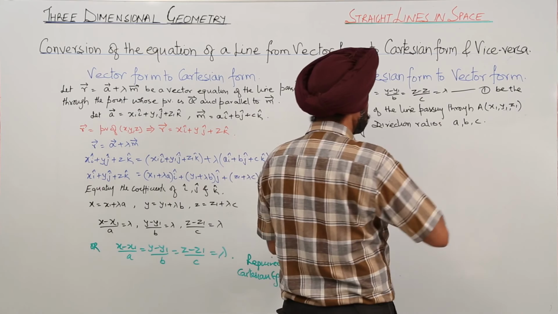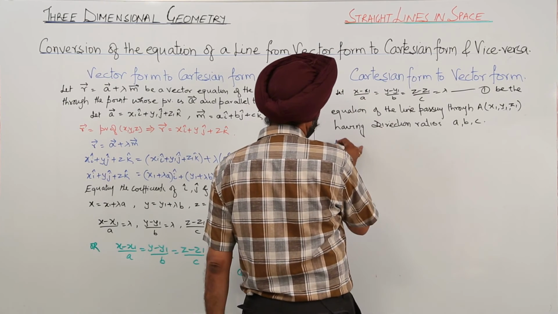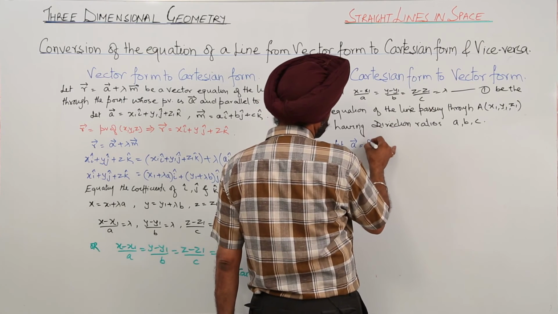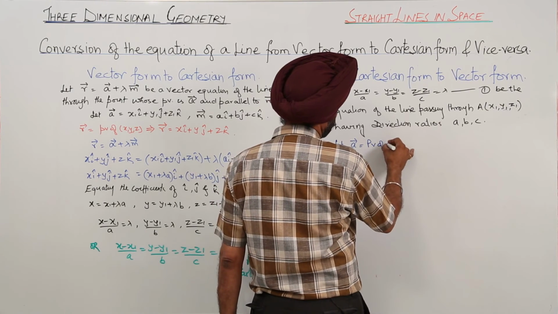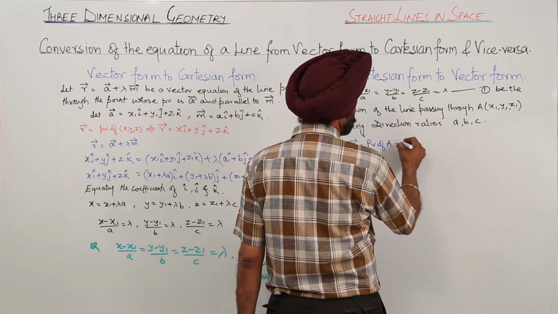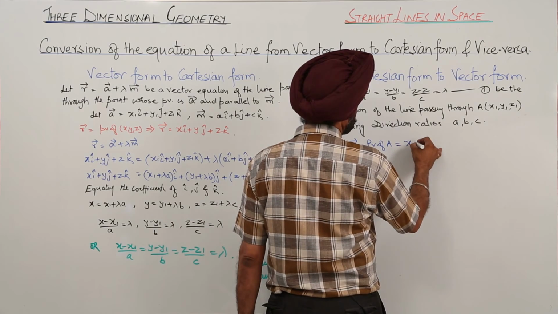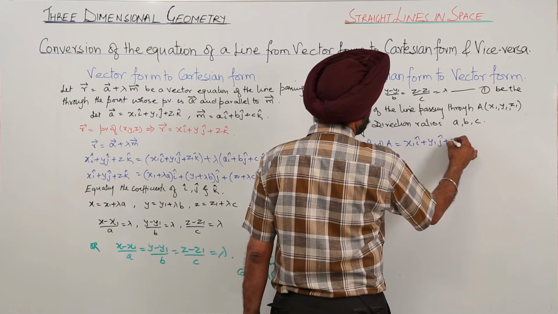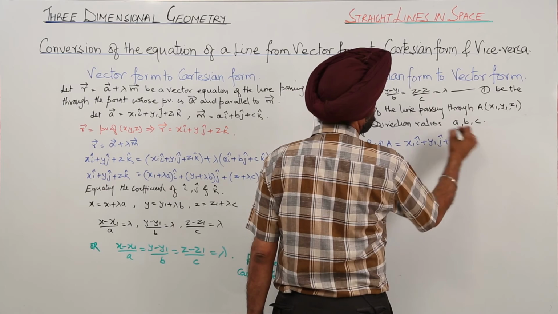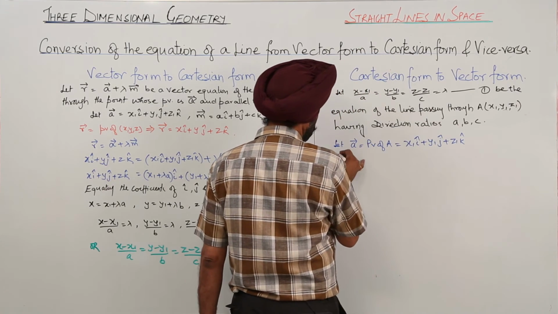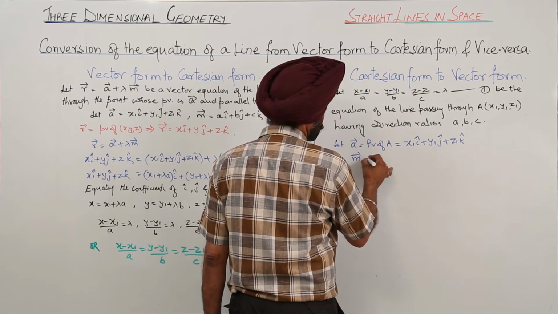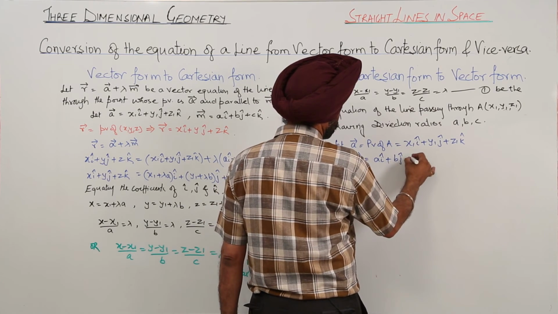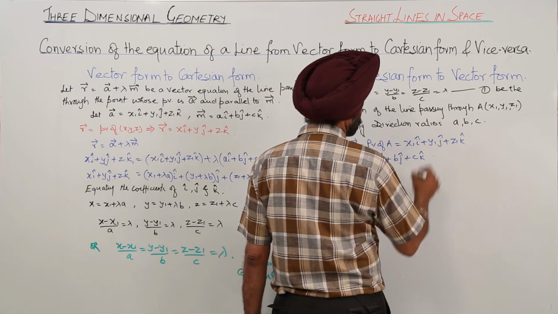Now let vector A is equal to the position vector of capital A, and this is equal to x1 i cap plus y1 j cap plus z1 k cap, and vector m is equal to a i cap plus b j cap plus c k cap.